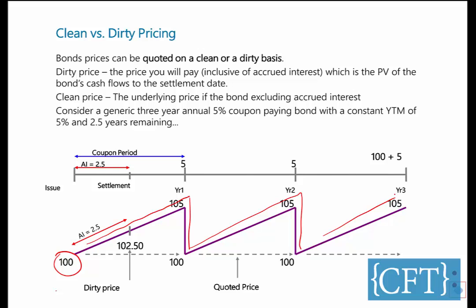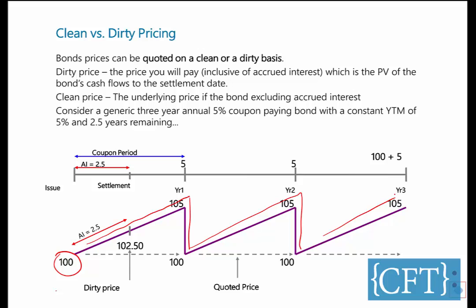Imagine if, as is more realistic, the underlying price of the bond is moving up and down all of the time as well. If we quoted the dirty price including the accrued interest, we wouldn't be able to tell whether a change in price was due to simply accrued interest or an actual change in the value of the underlying bond.